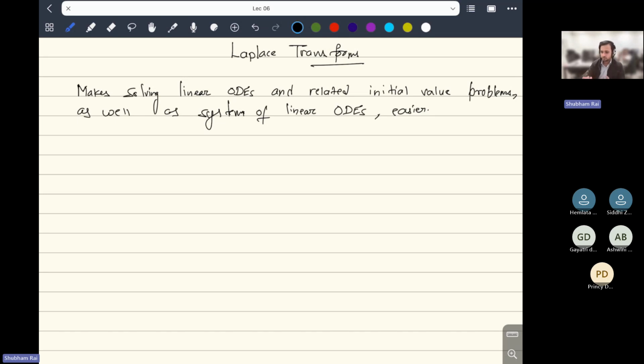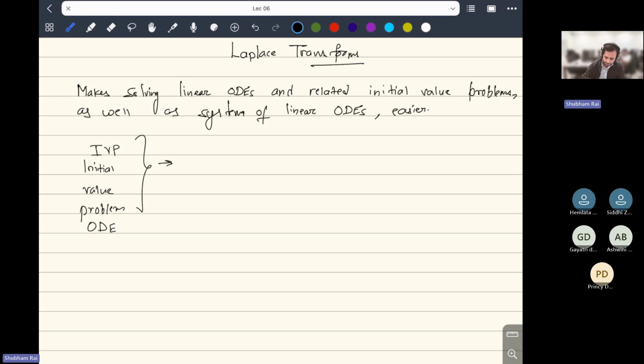Laplace transforms make solving systems of ordinary differential equations very easy as well. So let me write what the process of solving initial value problems using Laplace transforms is. Firstly, let's say we have some initial value problem, a linear ordinary differential equation.